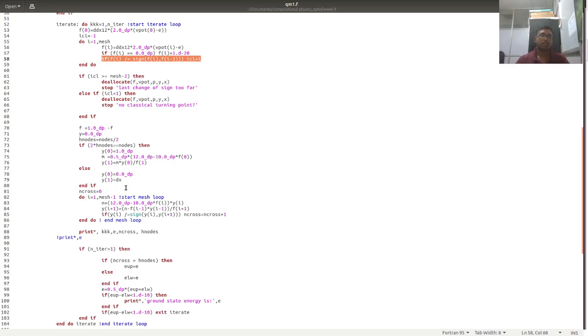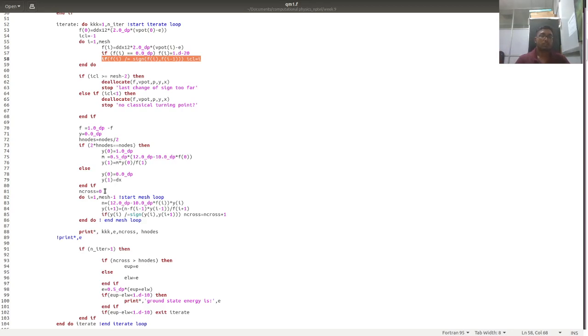Then we assign the value of y at the 0 and 1 elements of the y array, and then we are finding the number of crosses it will make, and that number of crosses will be compared with the total nodes which we are expecting.